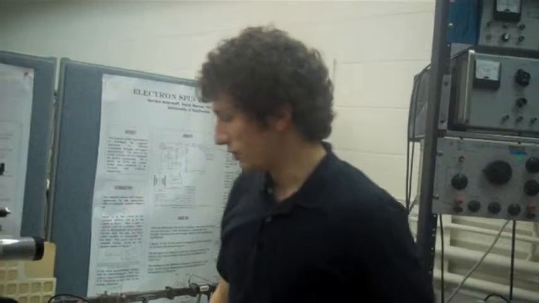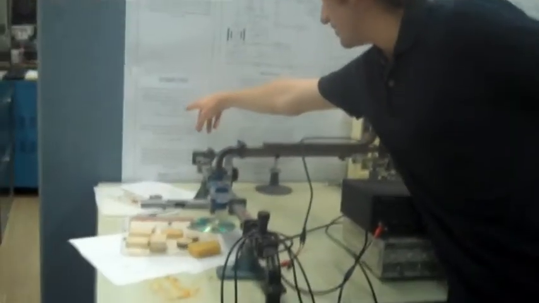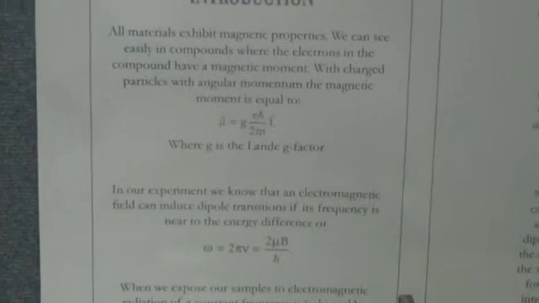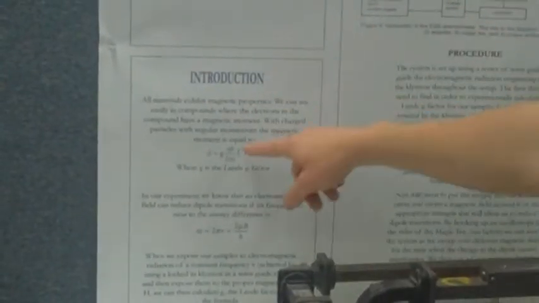And so what we're trying to do in this lab is measure the relationship between the magnetic moment of this electron, which is basically this spin, and the angular momentum. There's this constant which you just measure experimentally, called the Landé g factor, and that's sort of the goal measurement.